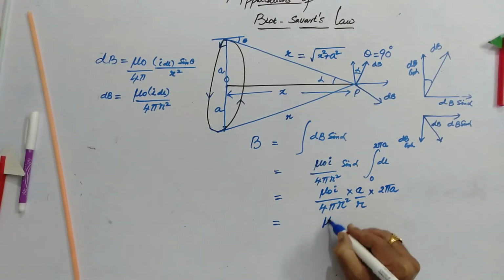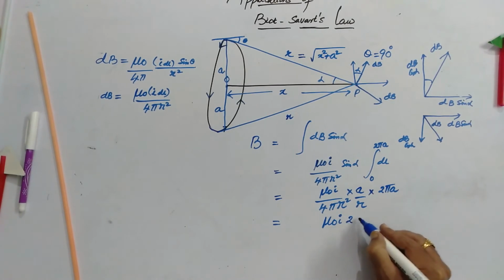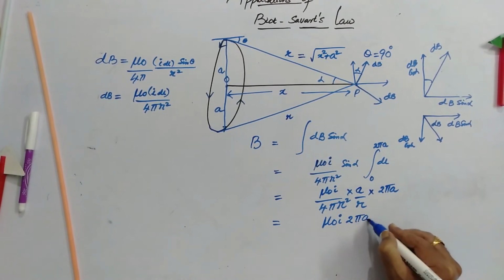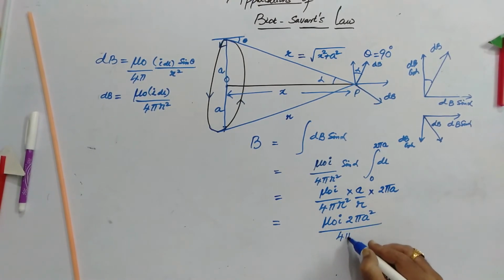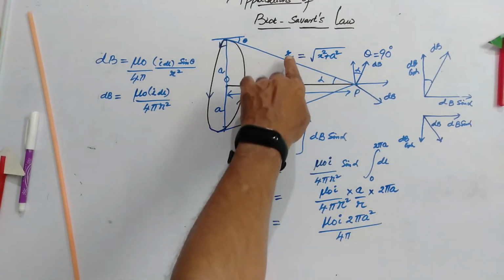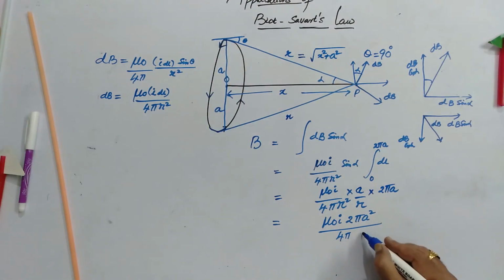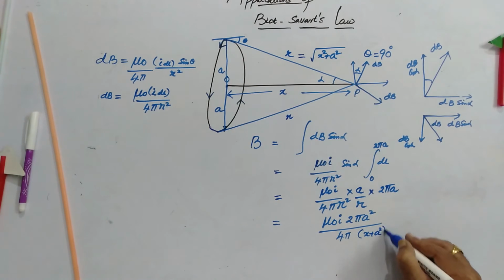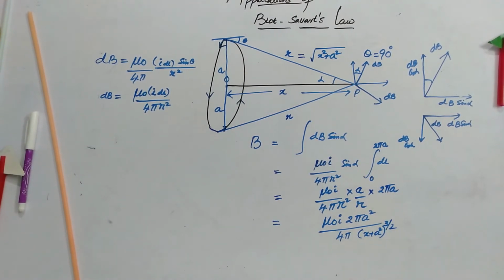Now mu naught I 2 pi a square by 4 pi r cube. R cube means, when r is the square root of x square plus a square, r cube would be x square plus a square to the power of 3 by 2.